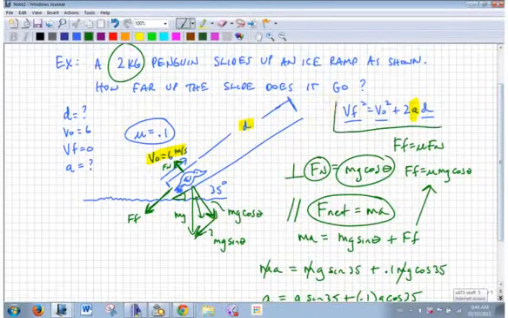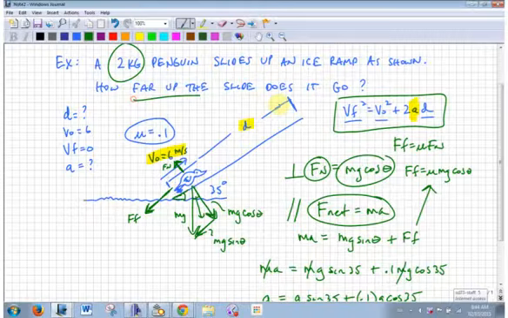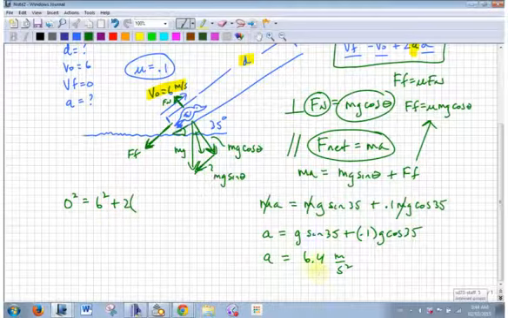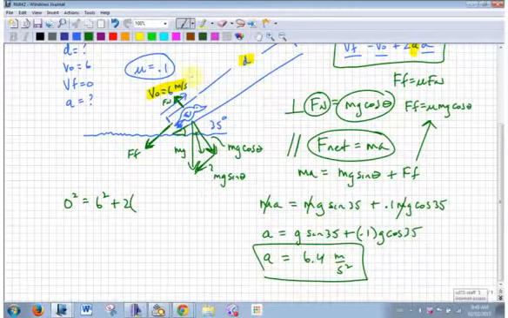So, I didn't answer the question. How far up the slide? Well, the final velocity is 0, the initial is 6, and 2. Now, what direction is this? Yeah, because remember, he's slowing down, right? That acceleration is in this direction.